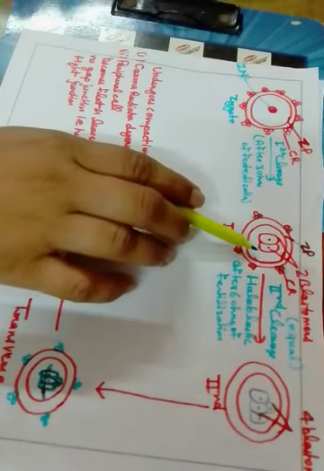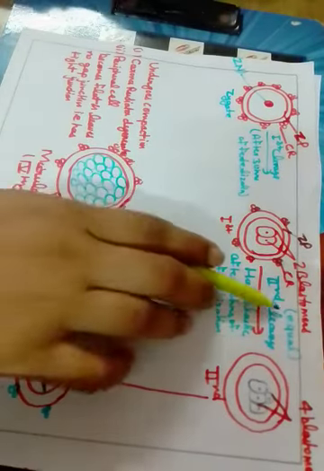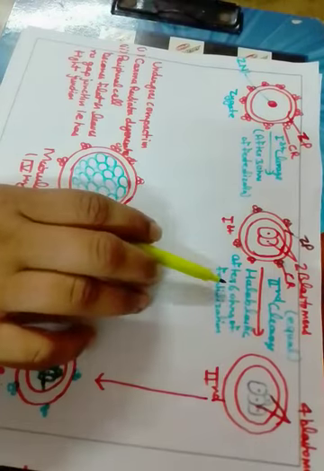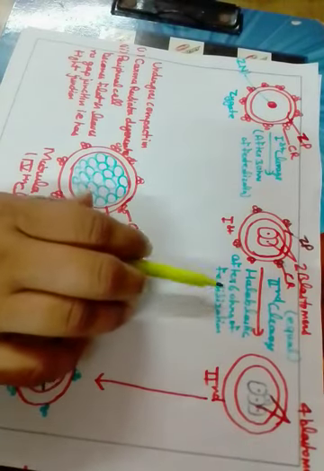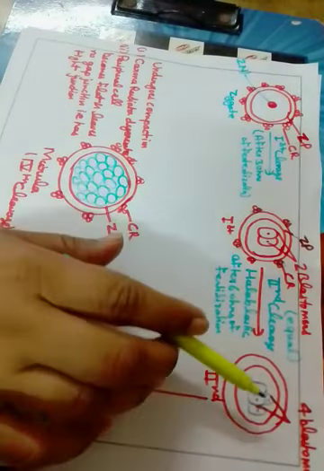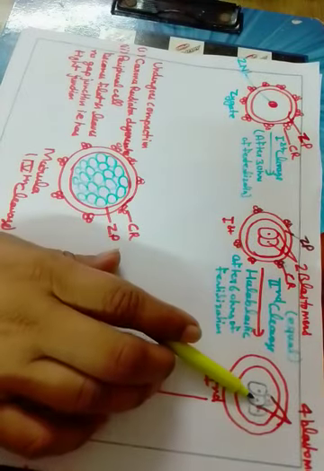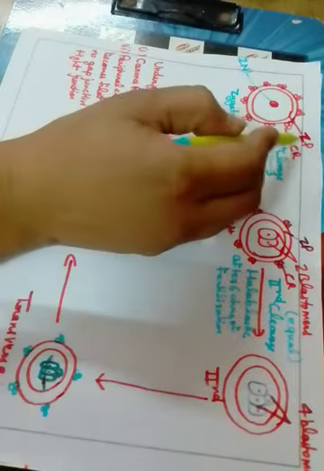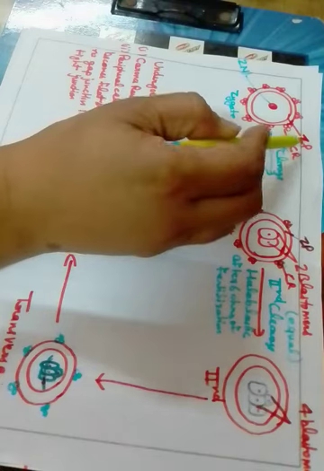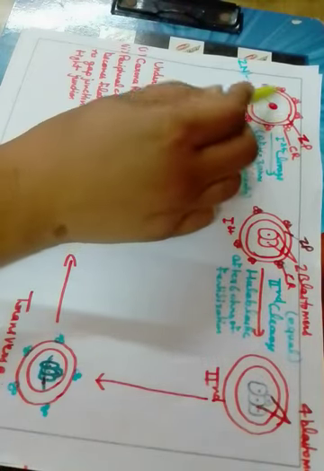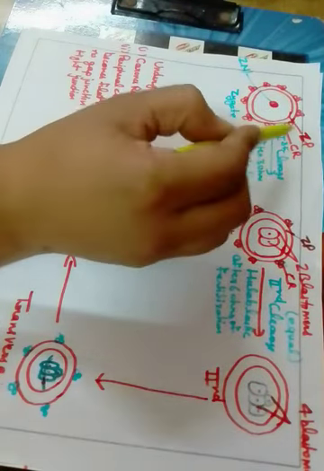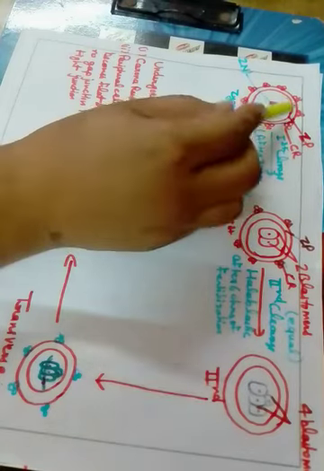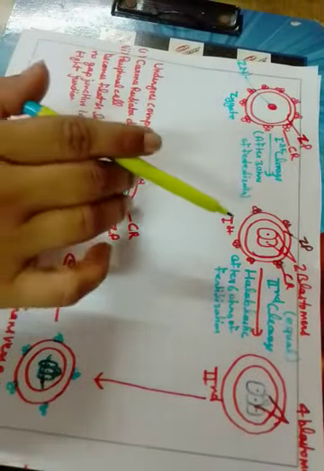Next is second cleavage, holoblastic, after 60 hours of fertilization, changing into 4 blastomeres. What is the meaning of ZP and CR? Zona pellucida surrounds the secondary oocyte and corona radiata surrounds the eggs. Okay.